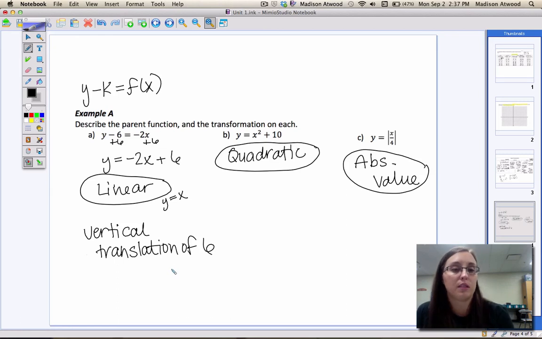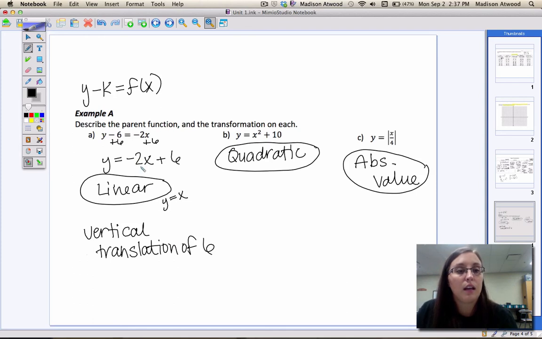We're going to use those specific mathematical vocabulary words. Also, if it was going to move down, all we would say was vertical translation of negative 6. So we don't have to designate up or down. We just say vertical translation of 6, or if it was going to go down, which this one does not, we would say vertical translation of negative 6, and then we would know that would mean that it would go down.